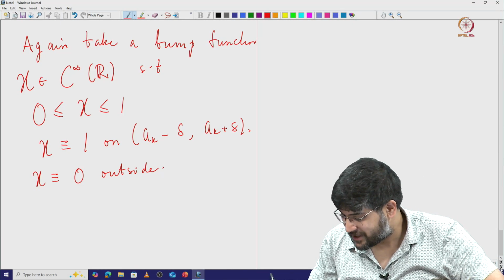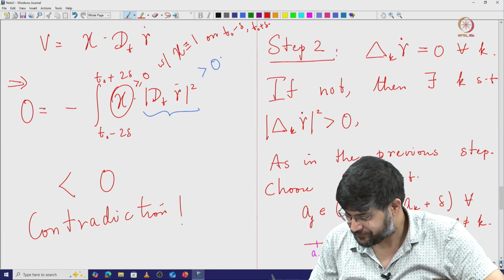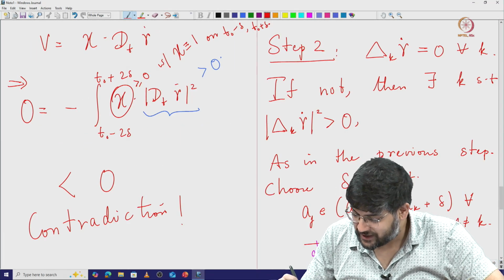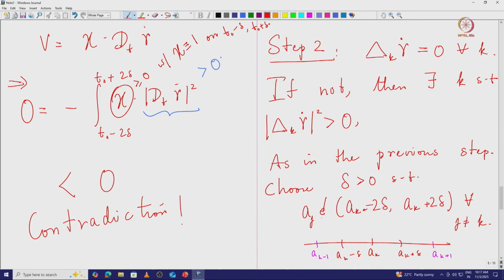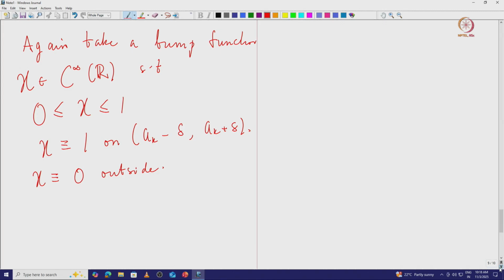Sorry, maybe I can take a delta so that aj does not belong to ak minus 2 delta to ak plus 2 delta for any j not equal to k.